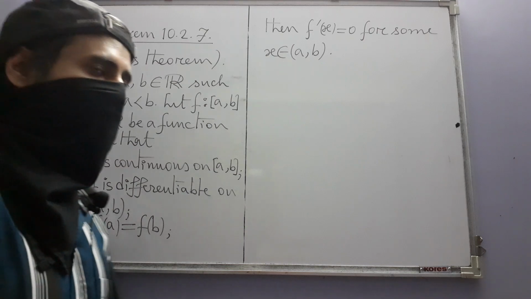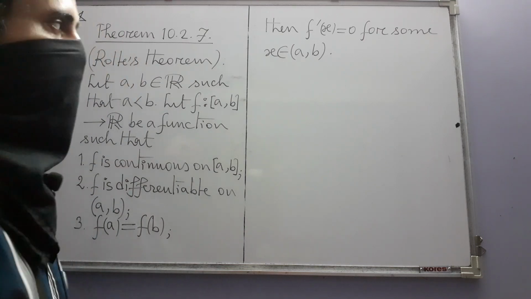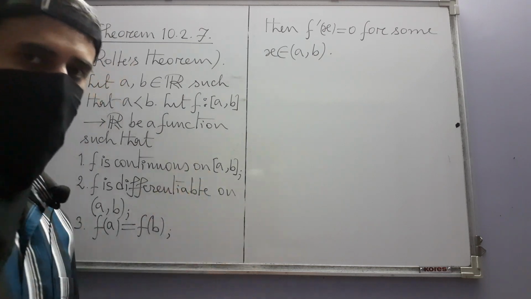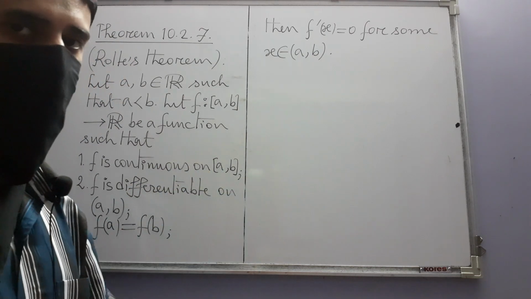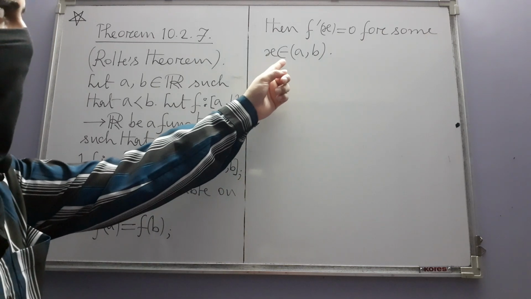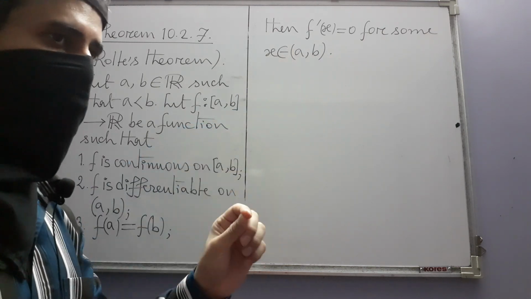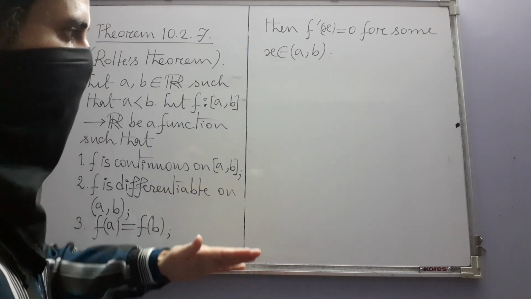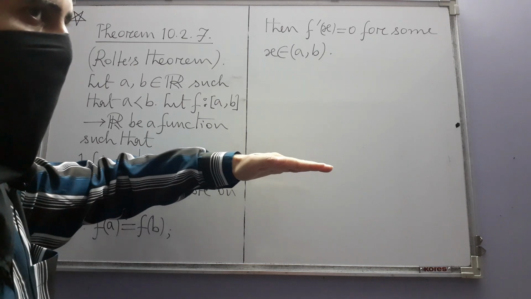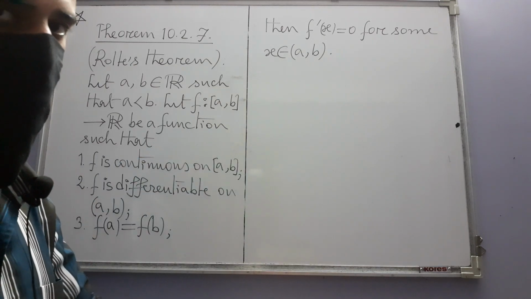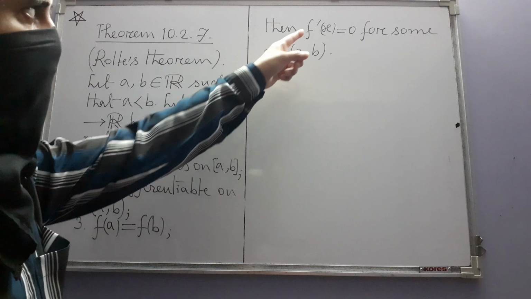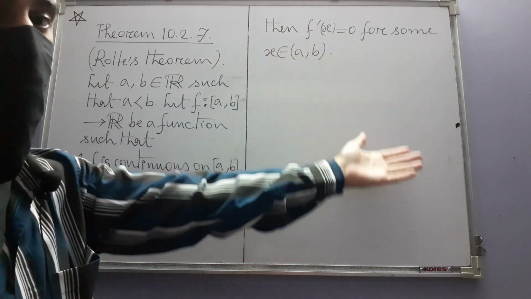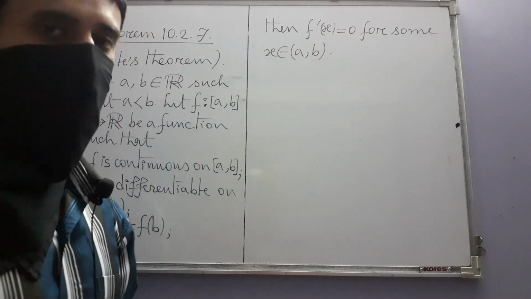You also probably already know the geometric significance of this theorem. It says that if you have a function like this and you draw the graph of the function, then in this open interval at some point the graph will be horizontal, and by that I mean that the tangent to the graph at that point will be horizontal, and that is why the slope of the tangent, because this is the slope of the tangent at the point x comma f of x actually, that is 0.